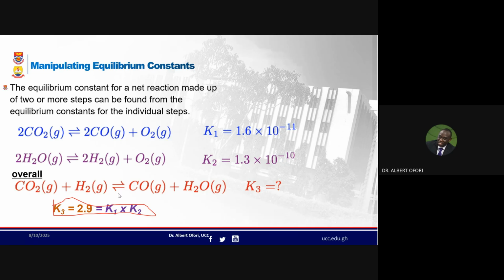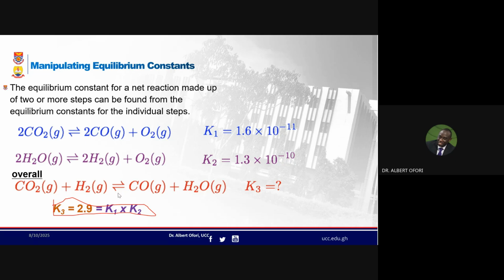It is the concentrations, or pressures, of the products, each raised to the power of its order, which comes from the stoichiometric coefficient because it's an elementary step reaction. The product divided by the reactant is the equilibrium constant expression.